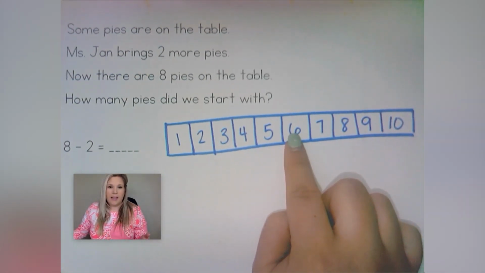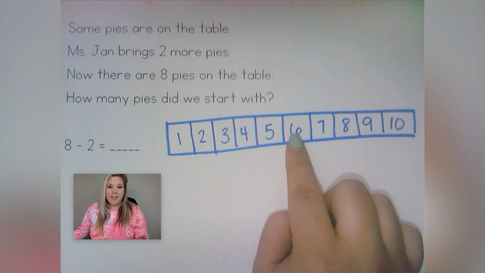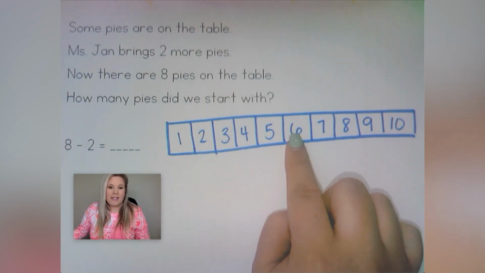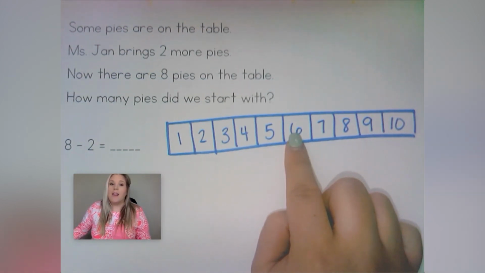Where did we land? Right, we landed on the number 6. So that tells us that there were 6 pies on the table before Jan brought 2.